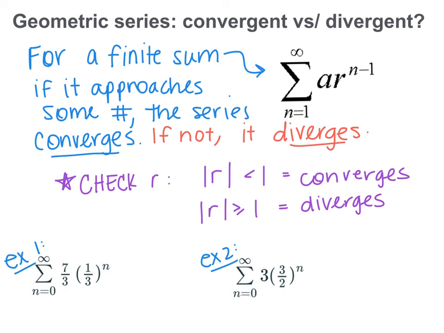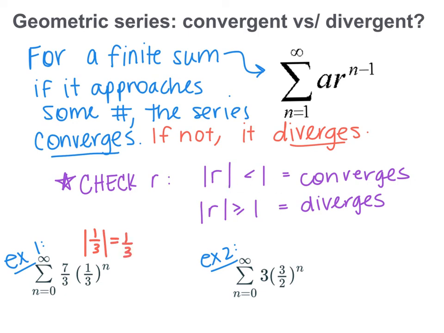Let's take a look at two examples. This first one down here, if I'm looking at this whole expression, I'm only going to be checking out the r, which is this part right here, my 1/3. If I take the absolute value of 1/3, that gives me 1/3, and that's less than 1.